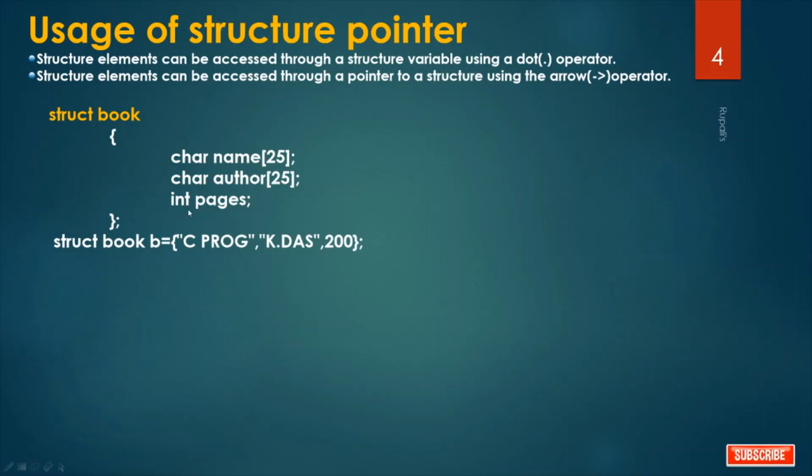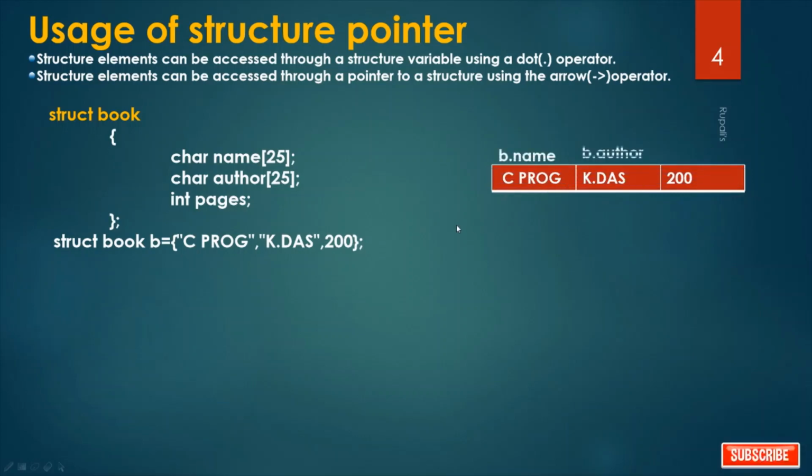This is our definition of structure, struct book. It has two character arrays, one for name and another for author, and one integer variable for pages. Now I initialize the variable with these values. So in memory, this is how it looks: these are our values, and this is b dot name, this is b dot author, and this is b dot pages.